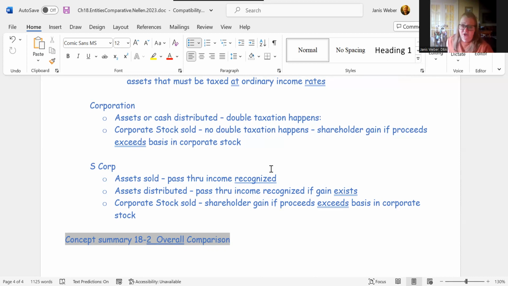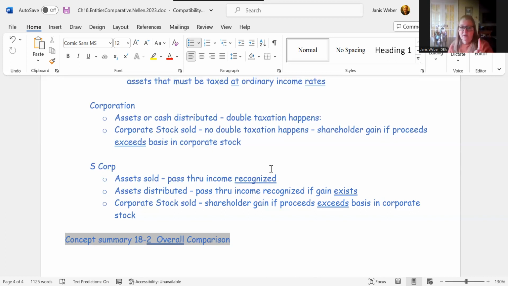So if they sell the stock back to the corporation or to some other individual, and they actually get cash for it instead of assets, then they'll just have a clean difference between their original basis and the amount they sold the stock for, and that's their gain. That would not trigger a taxable event in both places that would require double taxation.